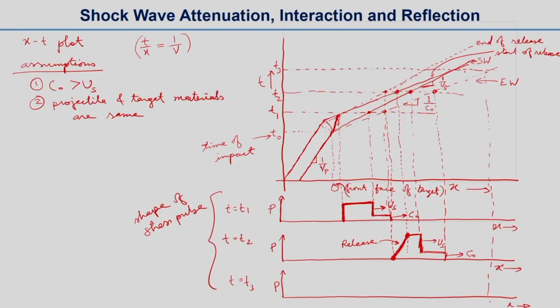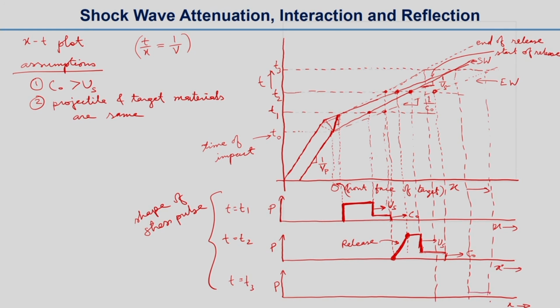Similarly, we will see that now the shock wave and the start of release almost coincide. So, we will draw a line here, the end of release for time t3. Now how will it look?